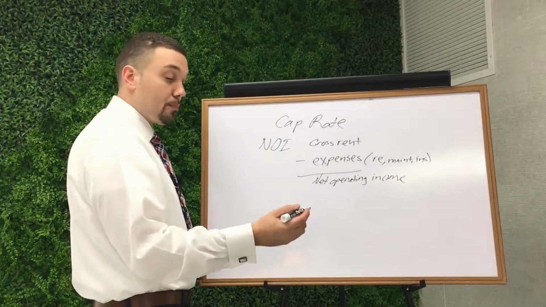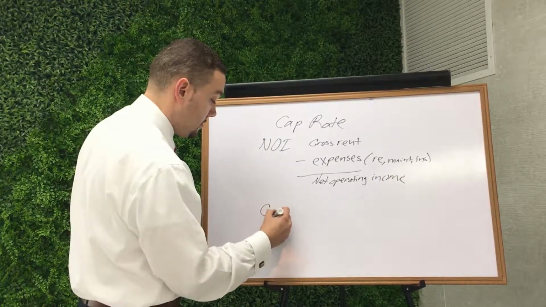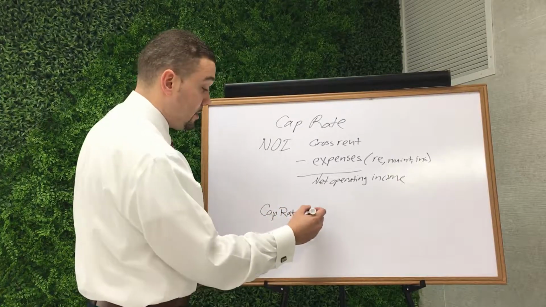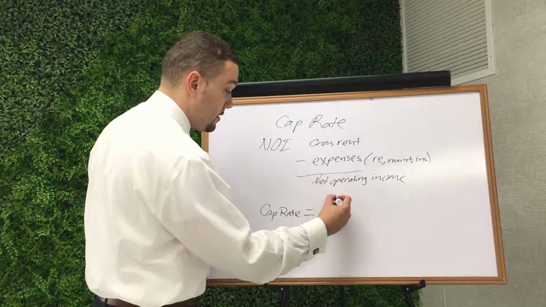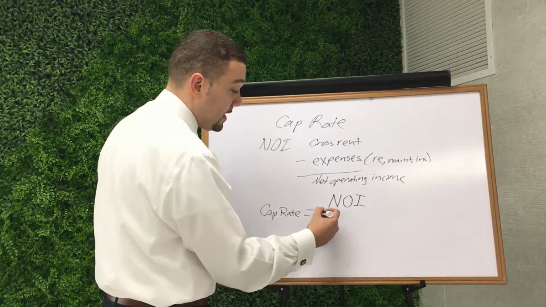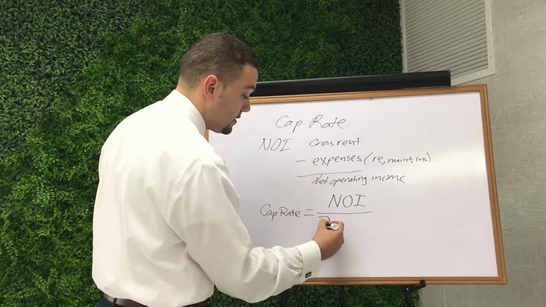So again, the cap rate is a ratio of your NOI, net operating income, divided by your purchase price.